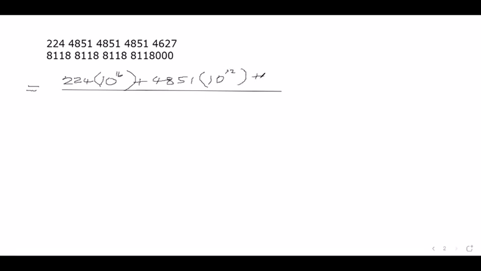Oh, wait a minute. I can take out 4851 as a common factor. 4851 has got 10 to the 12 zeros here. This 4851 will have 8 zeros. So let me put down that is 4851 times a number with 8 zeros, you see. So you can take it out as a common factor.